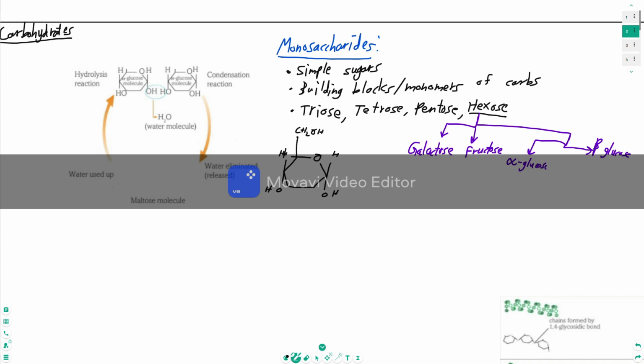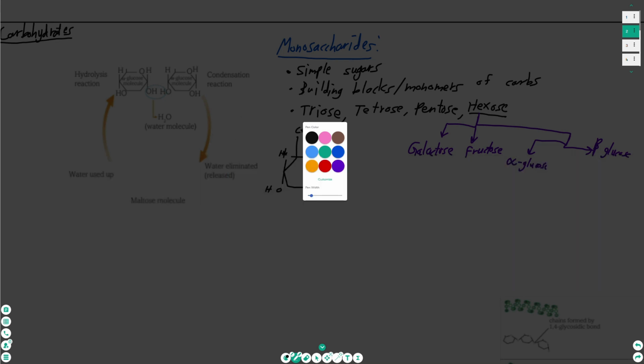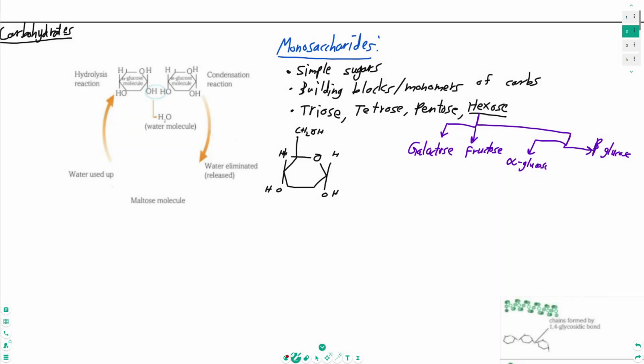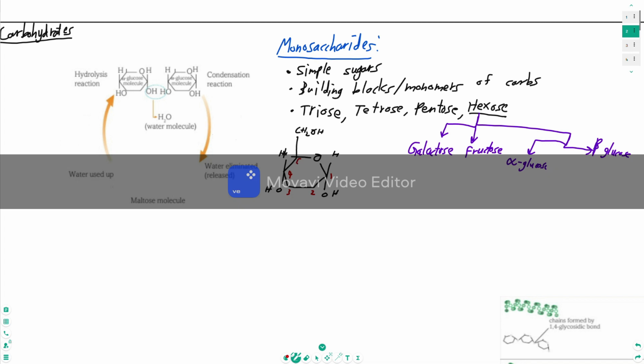So when we put numbers on, we number the carbons from the oxygen going clockwise. So this would be carbon 1, this would be carbon 2, 3, 4, 5, and then this is carbon 6 here.